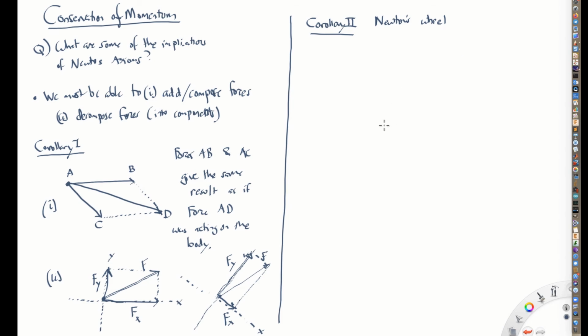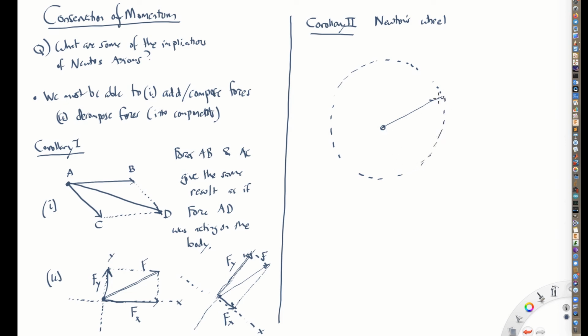So he talks about, let's suppose we have an axle right here. And he doesn't draw these lines, but I'm going to draw them. So this is one of the axles of the wheel. So you might imagine a wheel like this.